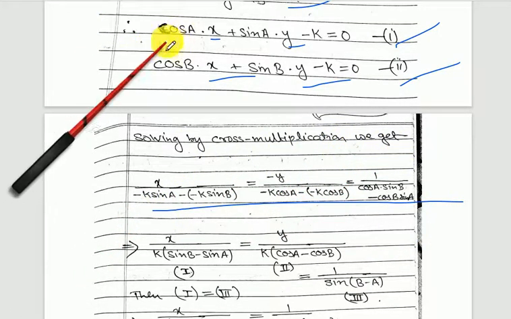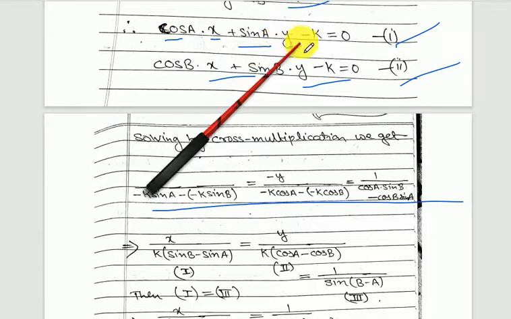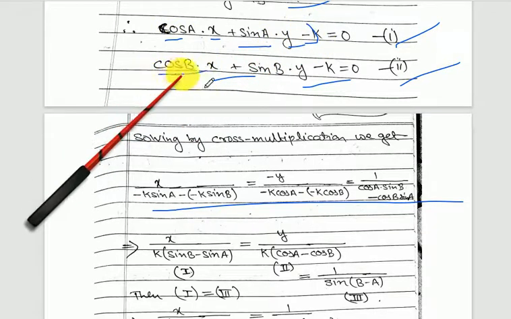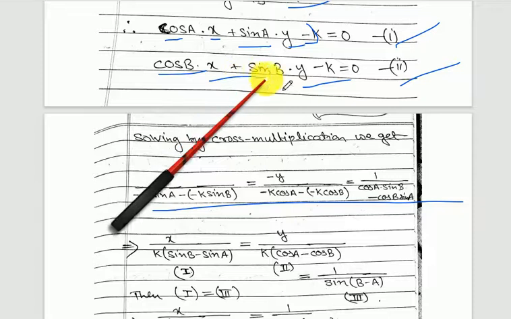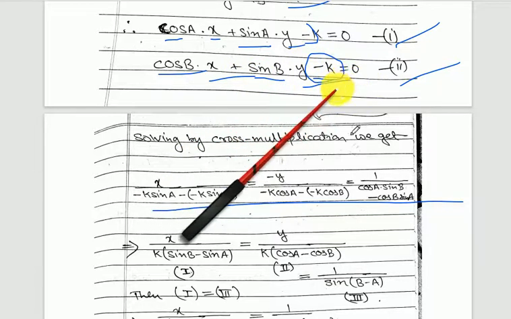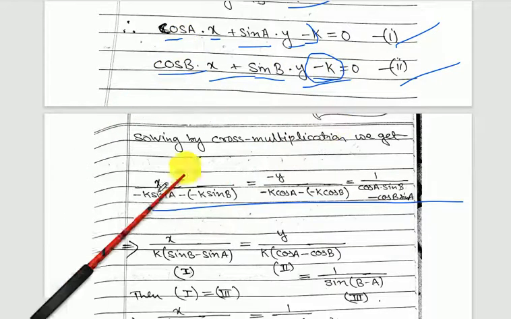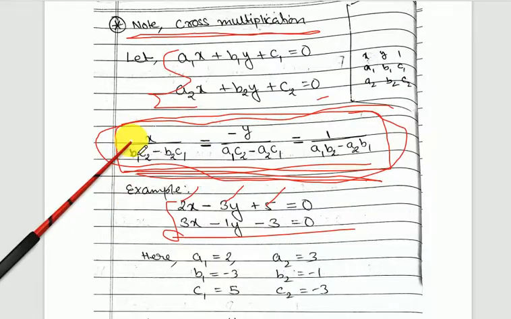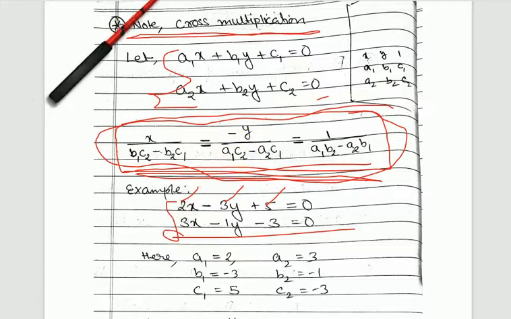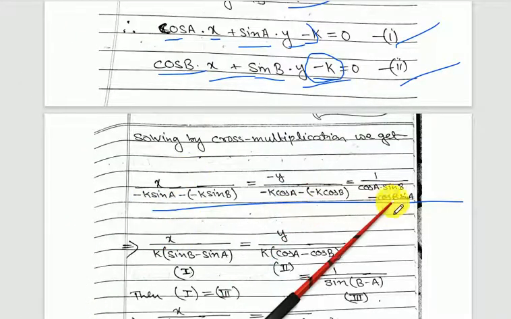Here your a1 is this, your b1 is this, your c1 is minus k, your a2 is cos b, your b2 is sin b, and c2 is minus k. So we have got this, and you know the formula. This is how you have to put the values. So put the values and you'll get this.